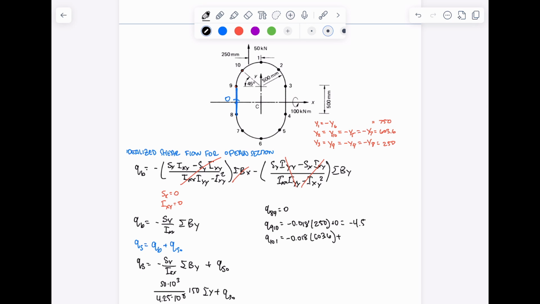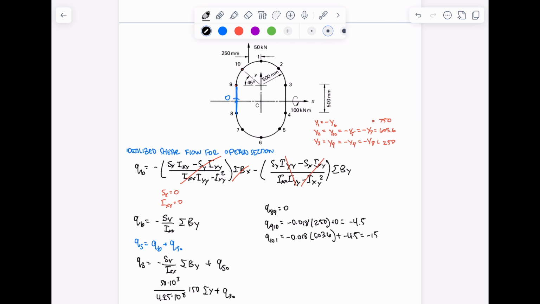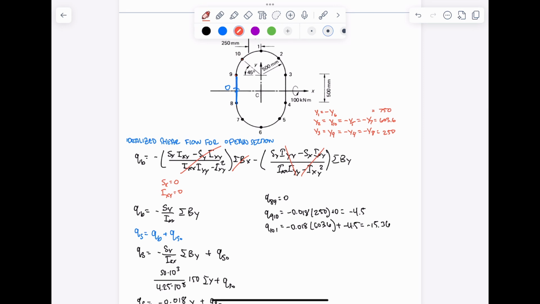603.6, and then we add the shear flow from the previous section, which is this negative 4.5, and again, we solve 15.36. All right, we got 1. So now we need to find the shear flow from 1 to 2.